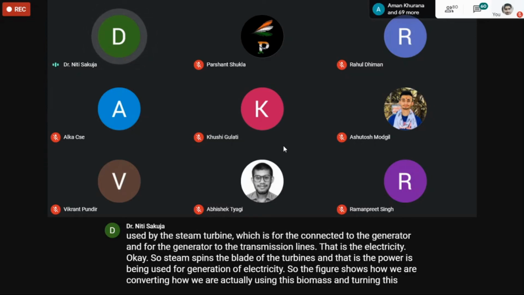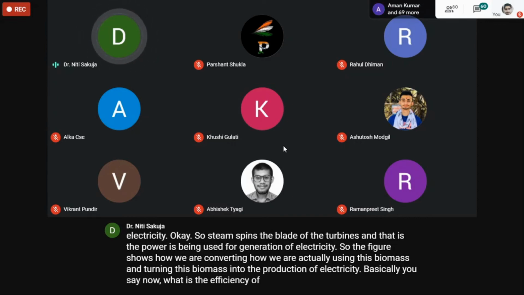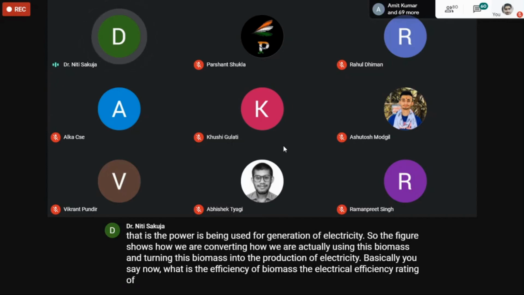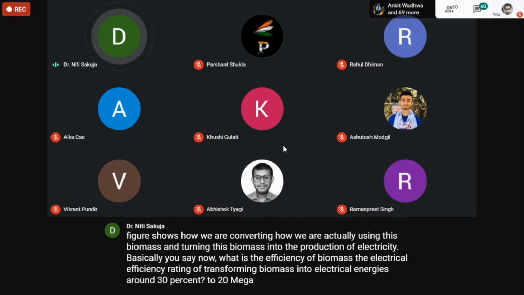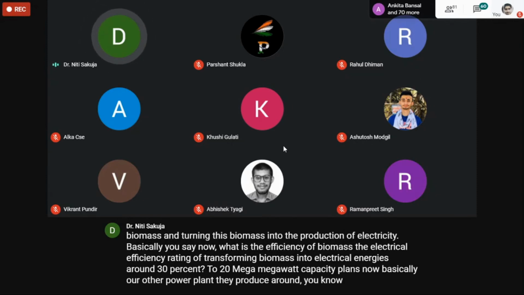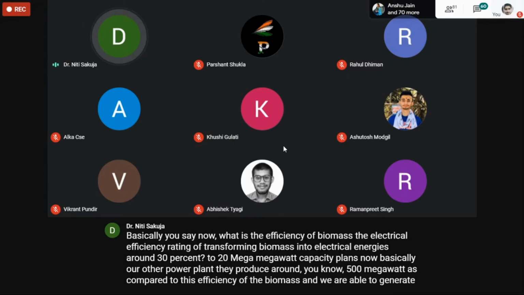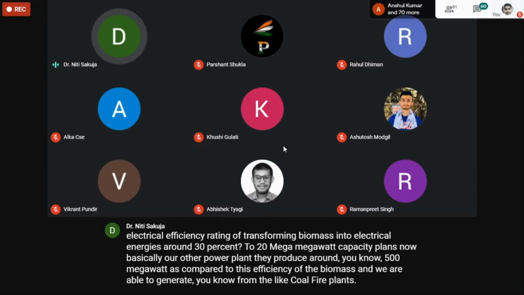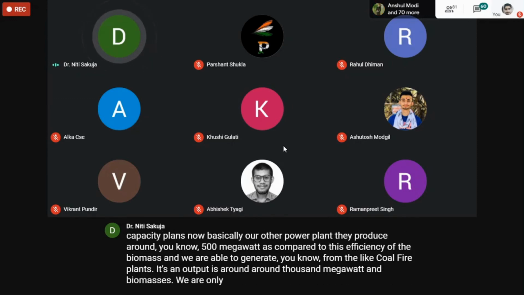The electrical efficiency rating of transforming biomass into electrical energy is around 30% for 10 to 20 megawatt capacity plants. Our other power plants produce around 500 megawatt, and we are able to generate from the coal fired plants an output of around 1000 megawatt, while from biomass we are only getting 30% out of it.